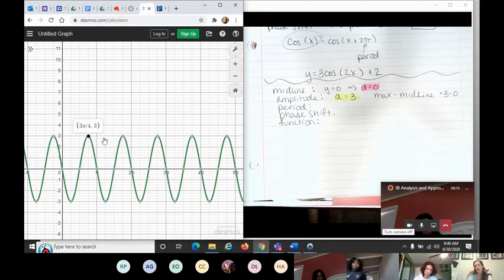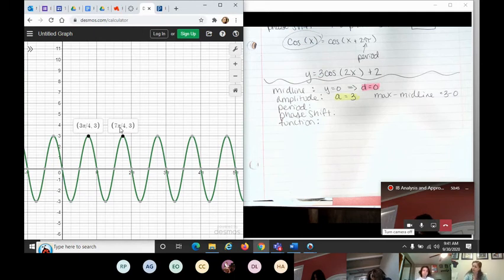So I have to start and end at the same type of place, and go through every single possible part of the function. We've stopped in a maximum, and so now we have to figure out how far 3 pi over 4 and 7 pi over 4 are from each other.